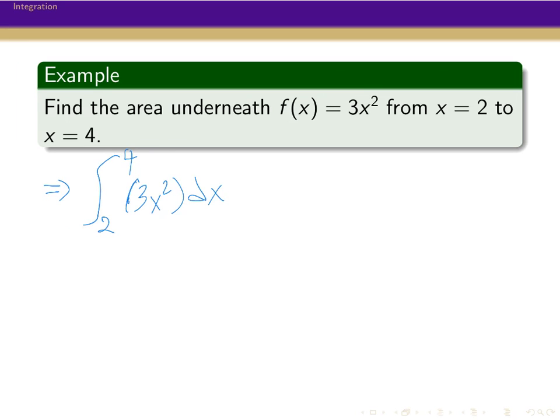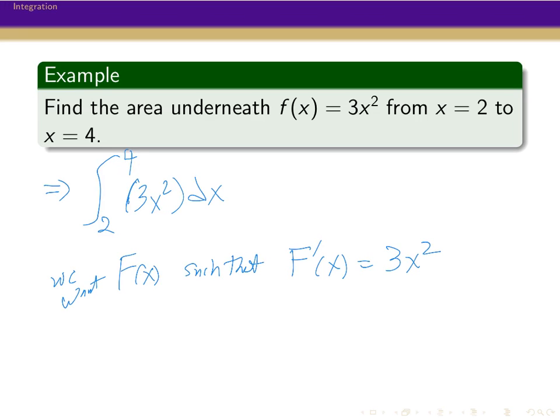So now we need to find some big F of x such that when I take the derivative, I get 3x squared.